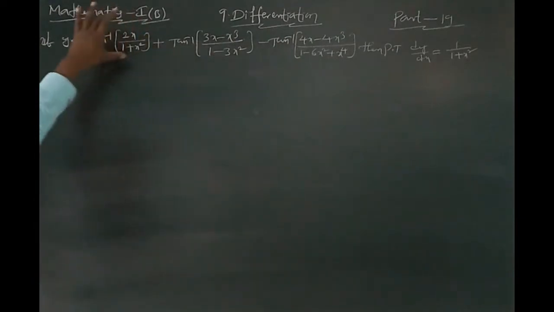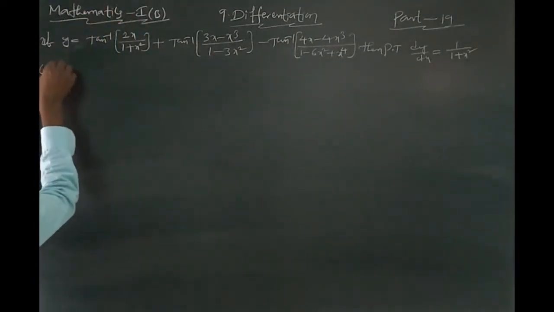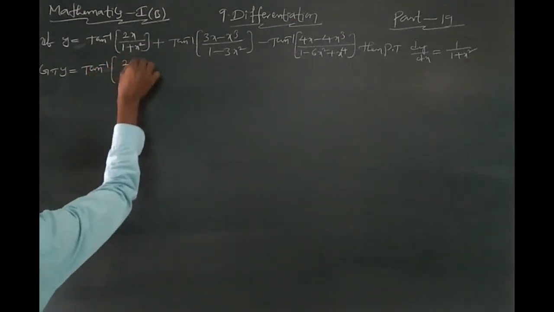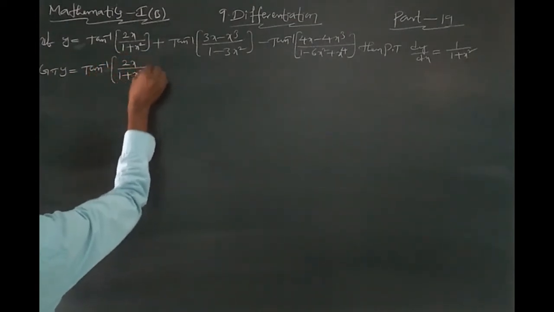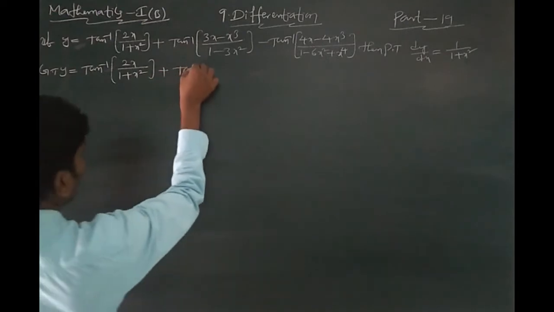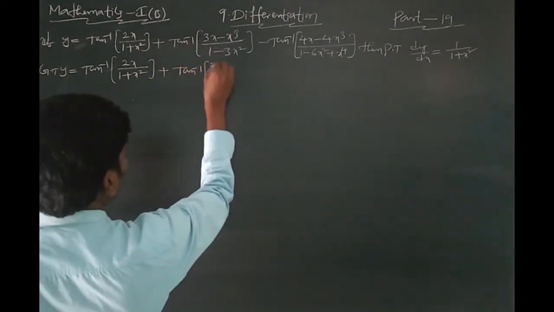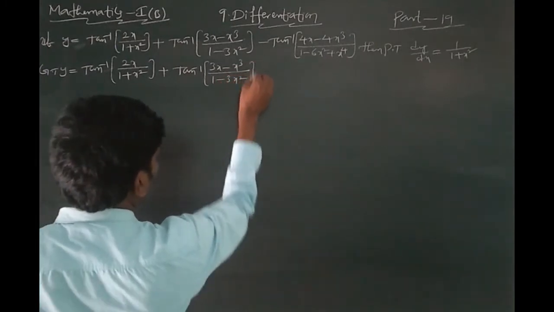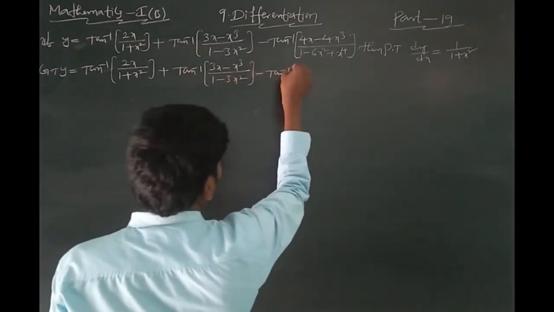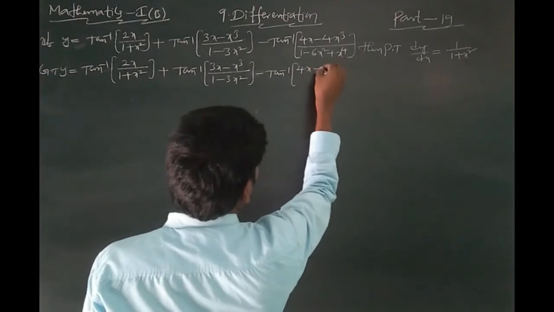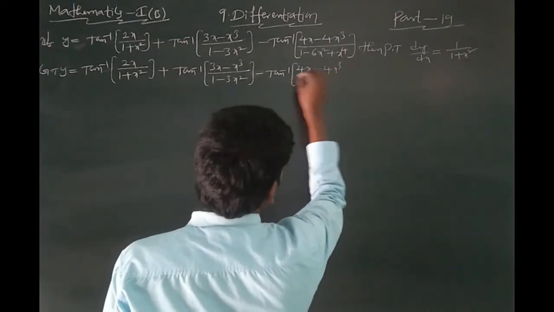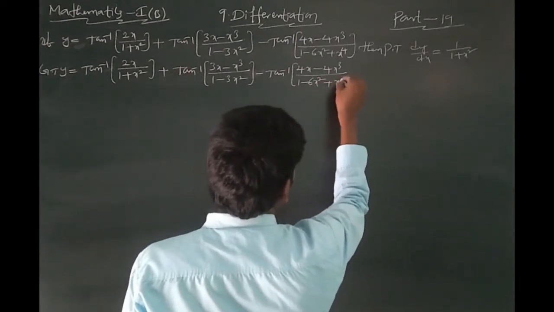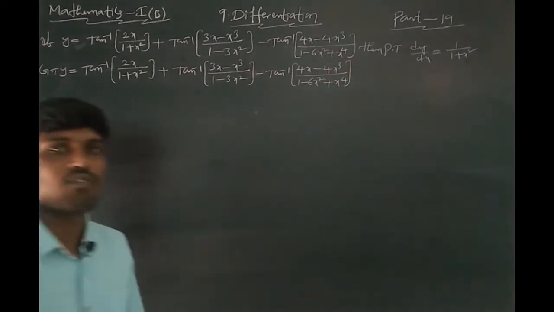First, take the given y value: y is equal to tan inverse of 2x by 1 plus x square plus tan inverse of (3x minus x cube) by (1 minus 3x square) minus tan inverse of (4x minus 4x cube) by (1 minus 6x square plus x power 4).